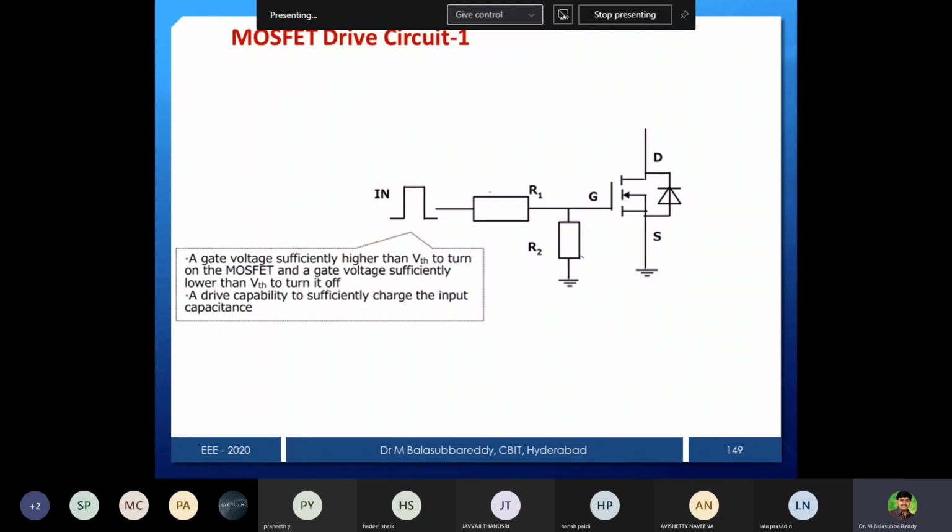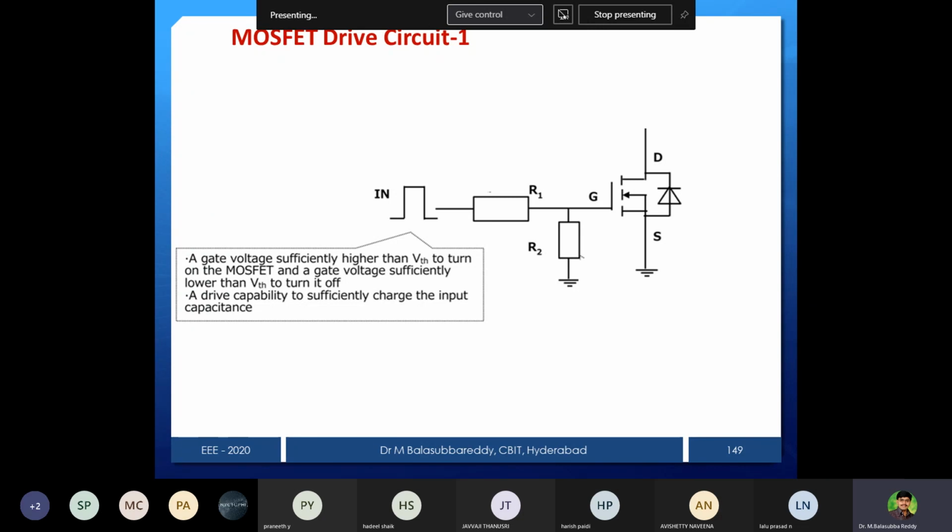You can see that the gate voltage must be sufficiently higher than the threshold voltage to turn on the MOSFET. That is why, once we pass the pulse, this voltage must be higher than the threshold voltage. If the gate voltage is sufficiently lower than the threshold voltage, it will turn off. If you pass a voltage higher than the threshold, the device is going to turn on.